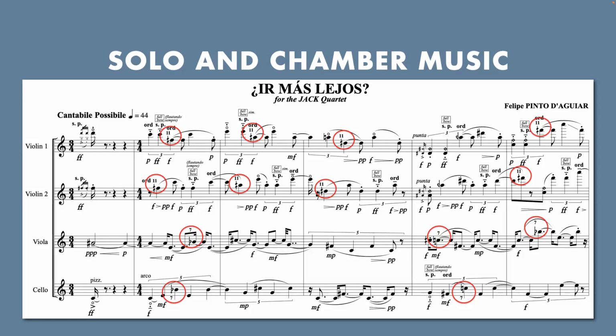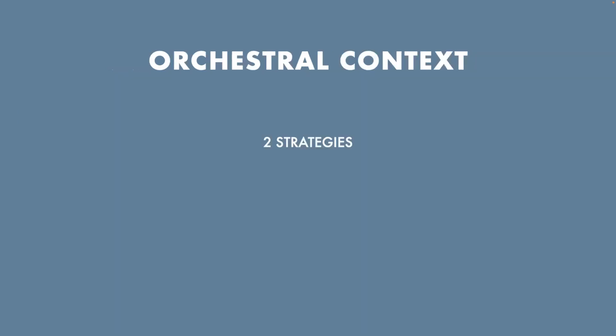But this is a chamber music context, so I think such a request of a spectral math is something you can ask for. Now, let's move to the orchestral context.